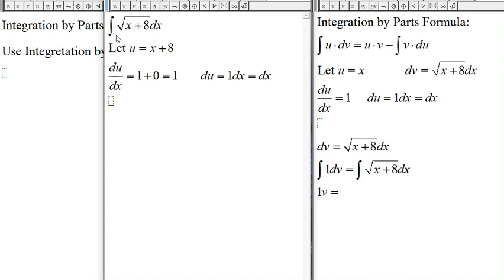So this integral would be the integral where x plus 8 is u, and dx is just du. The square root of u is the same as u to the 1/2.